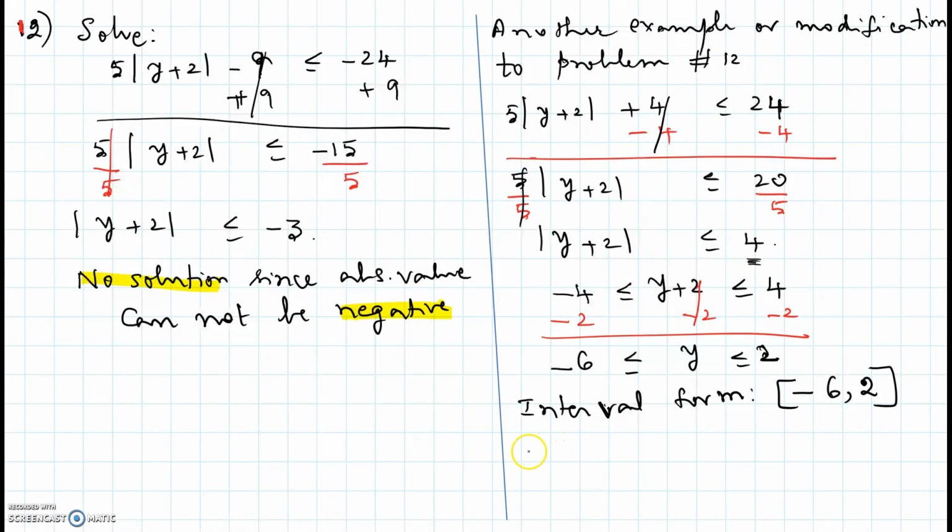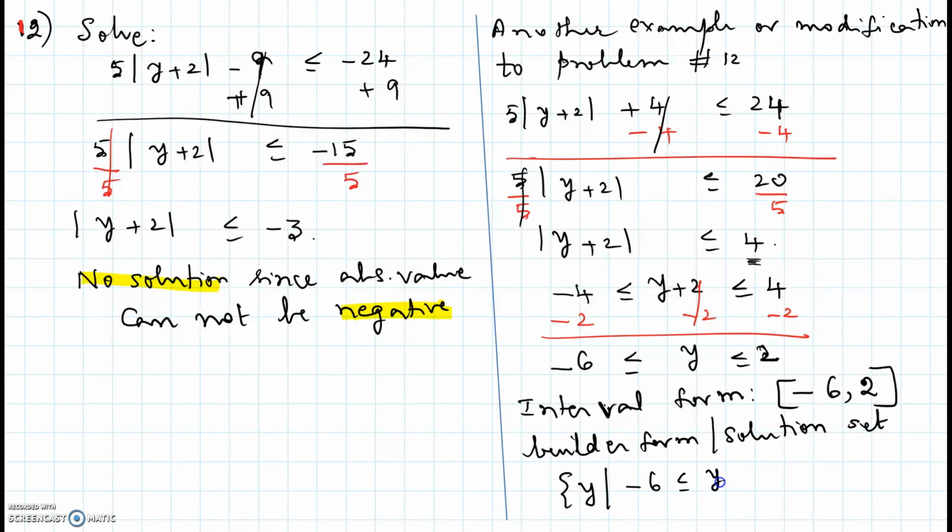But if you write this in set-builder form for the solution set, using the variable y, you can write all y such that y lies between negative 6 and 2. So if they ask you in interval notation, your answer would be this. If they ask you in builder form or what the solution set is, the answer would be this.